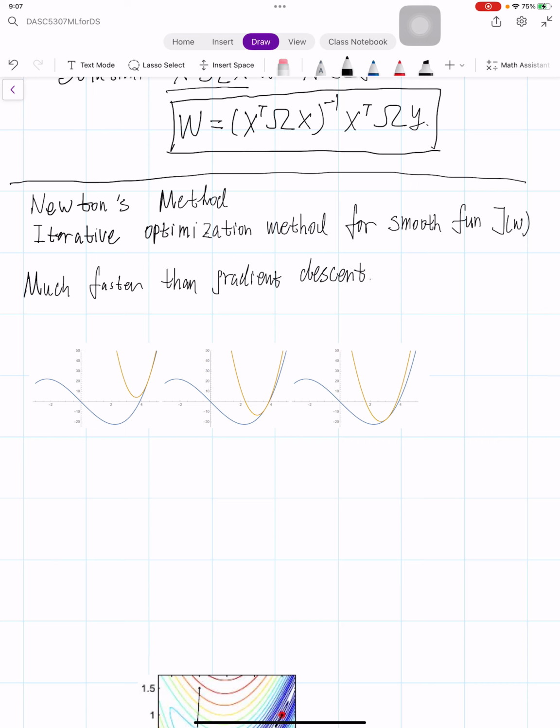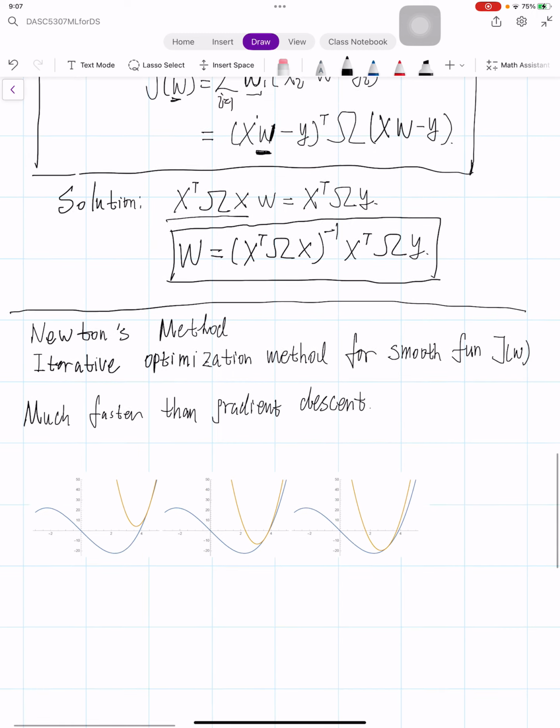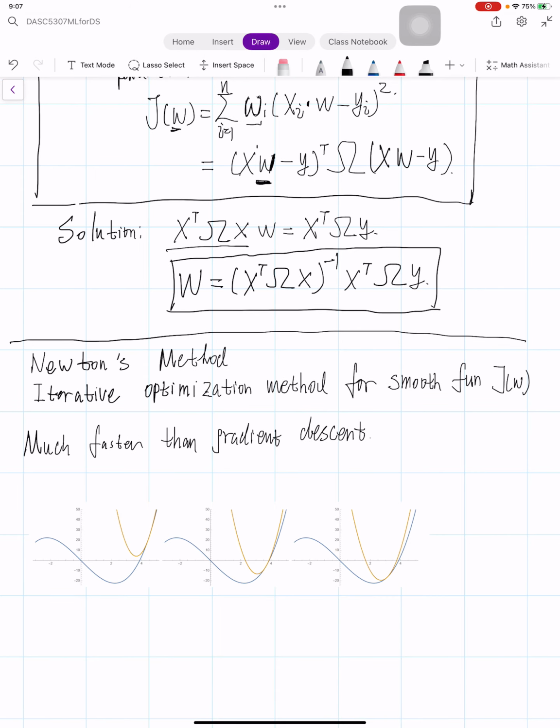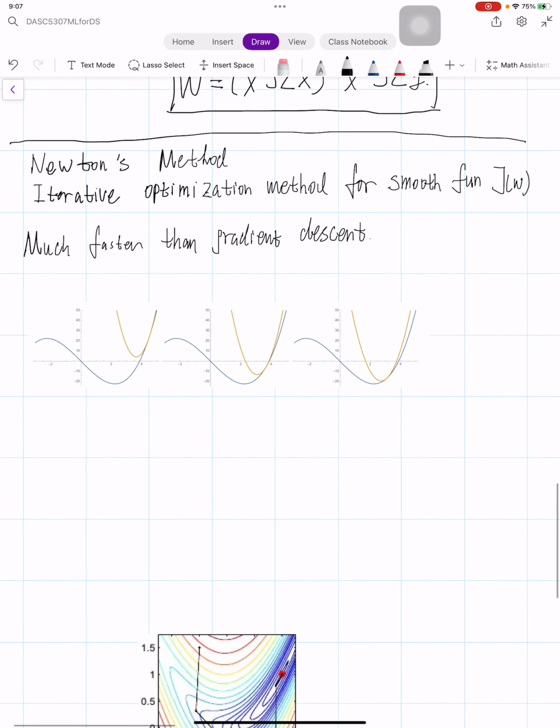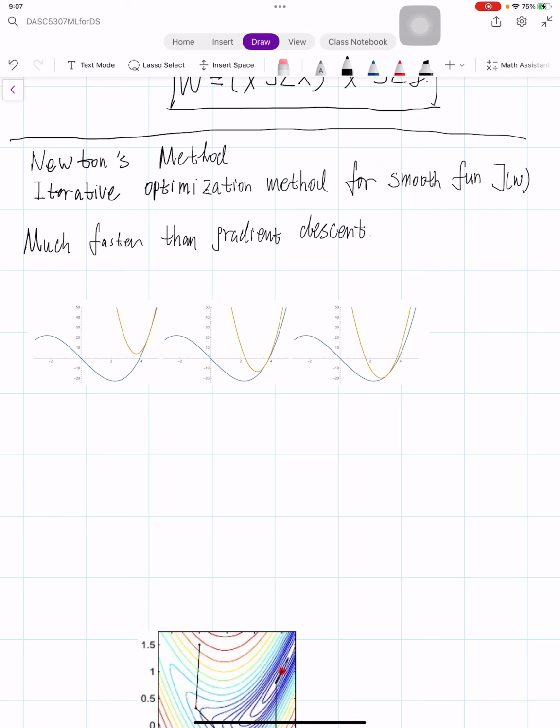Remember last time we talked about linear regression and weighted linear regression, where we have a closed form, but for some of the regressions we do not have a closed form. For example, for the logistic regression for classification, we can apply Newton's method.